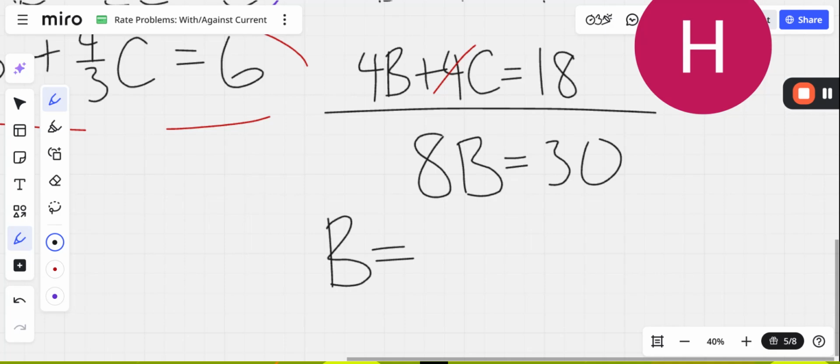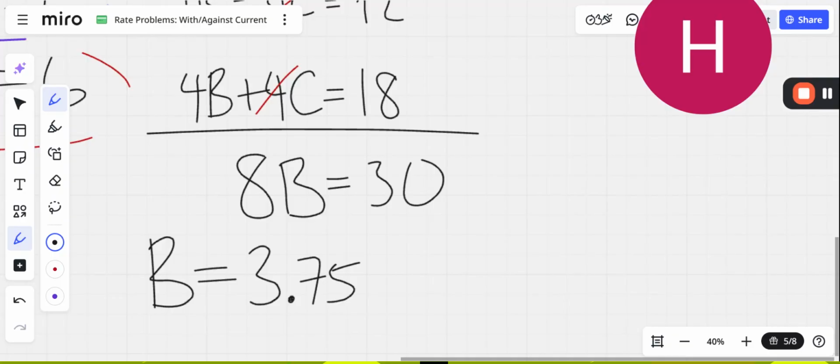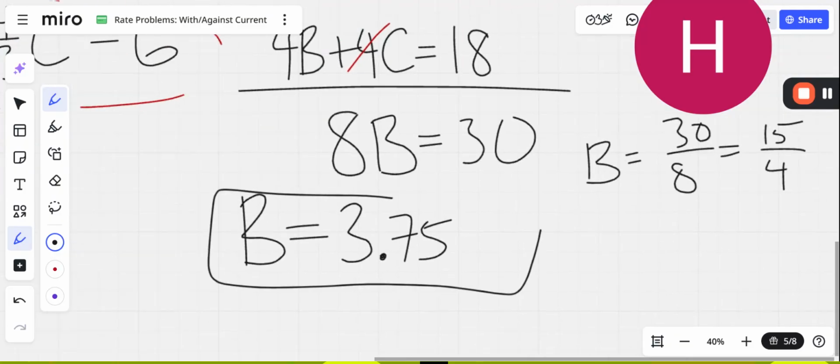So 30 divided by 2 is 15, 15 divided by 2 is 7.5, 7.5 divided by 2 is 3.75. You could just call it 15/4 as well. If you were reducing this fraction as much as possible, you can only reduce it by 2. So 15/4, that's the decimal version, which means the boat is going 3.75 kilometers per hour.